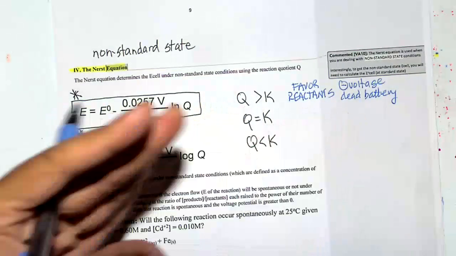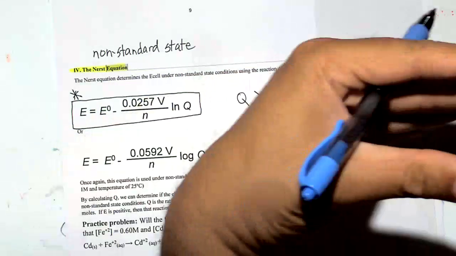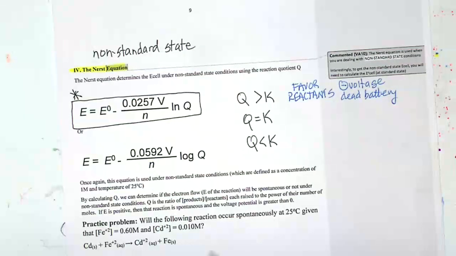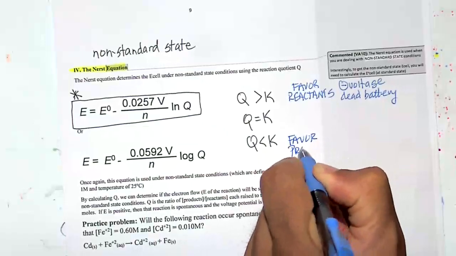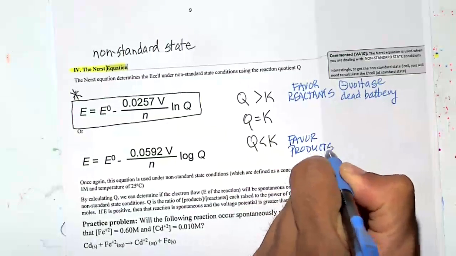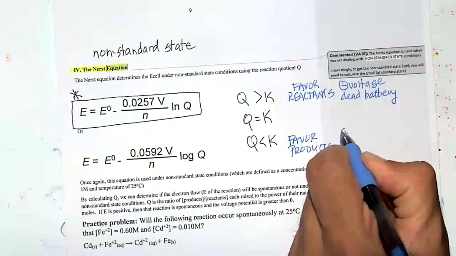What if Q is less than K? Where do the alligator jaws point? The alligator jaws point to the product side of the equation. This is a positive voltage, and this is essentially a battery.